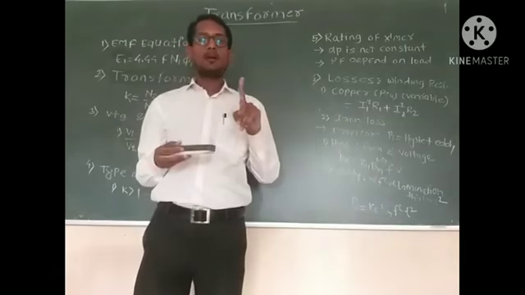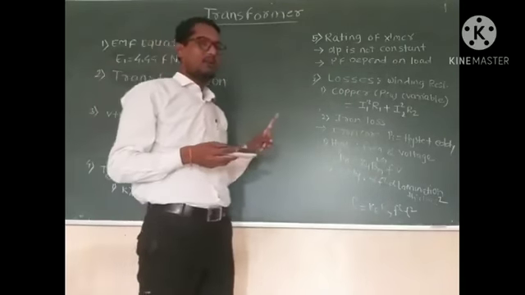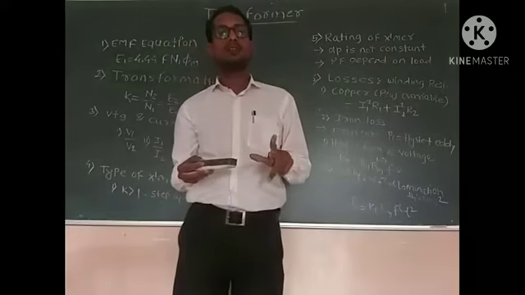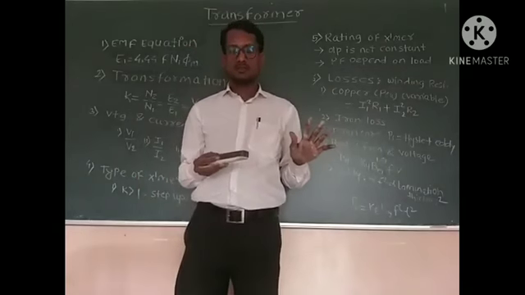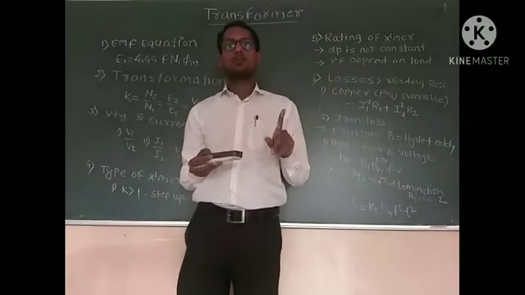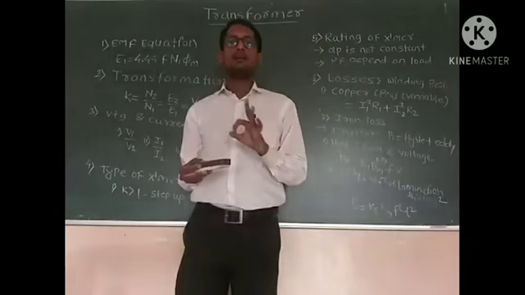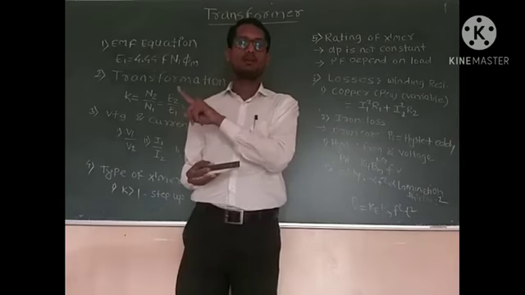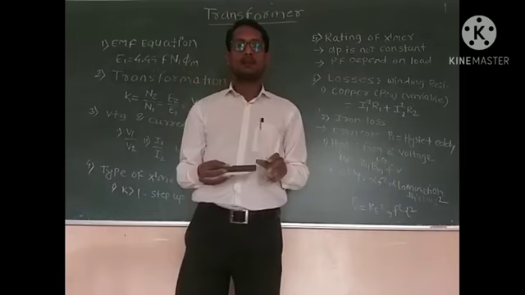So the output power of a transformer is not constant, and if the output is not constant, then the power factor is also not constant. Output power totally depends upon the voltage and the load current connected to the secondary side of the transformer.